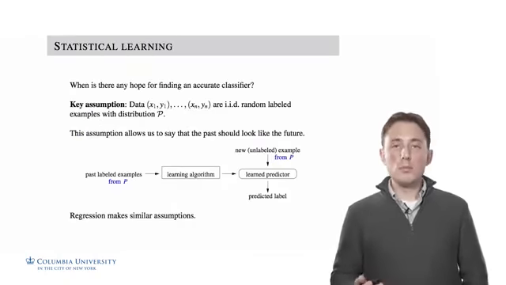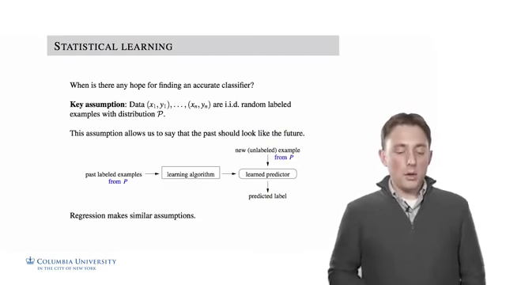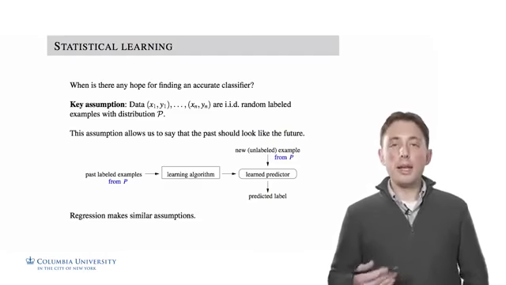So why do we make this assumption? A similar question is to ask, when is there any hope for finding an accurate classifier? Why do we think that we should be able to distinguish spam emails from non-spam emails with any accuracy?